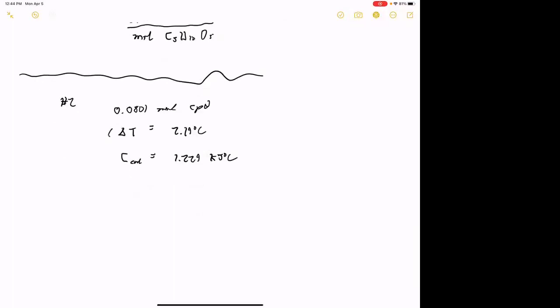Okay, so the first part I'm going to use to get my Q. My Q in terms of my calorimeter is going to be equal to C-cal times my delta T. So my C-cal is 1.229 kilojoules per degree Celsius.